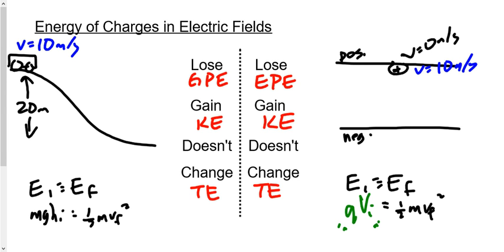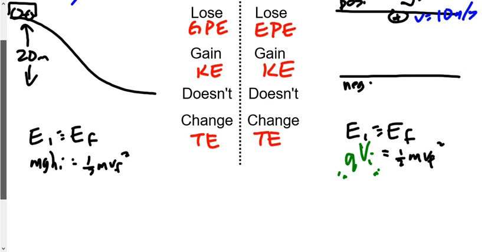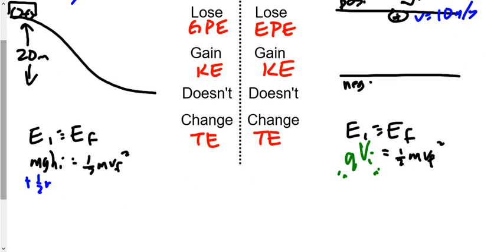It's got potential energy still because it's got height, but it's also got kinetic energy because it's moving at the top of the hill.